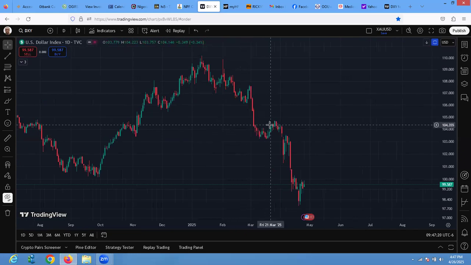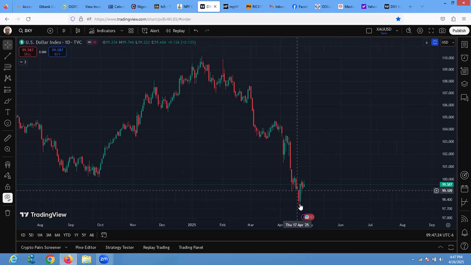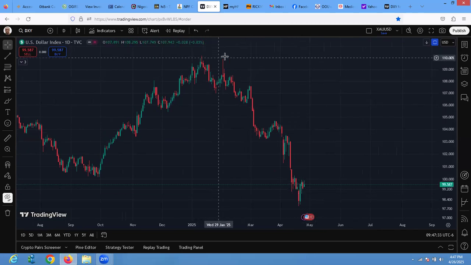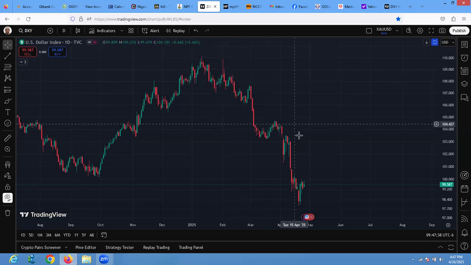Then this looks like a 3-1, a 3-3, a 3-4, and a 3-5, which has completed wave 3 here. So this is going to become a wave 4, something similar to this here, which we are just at the beginning of.